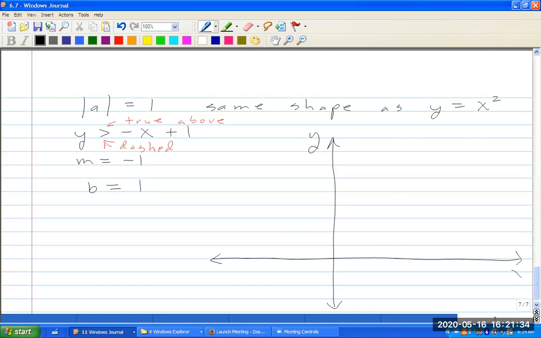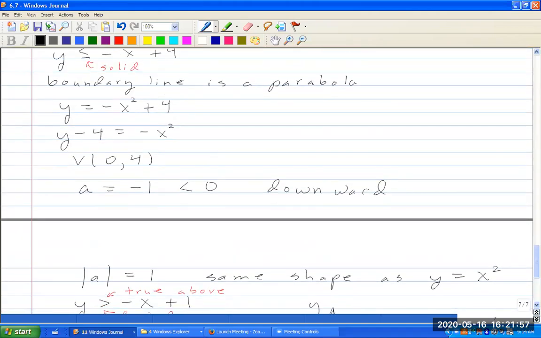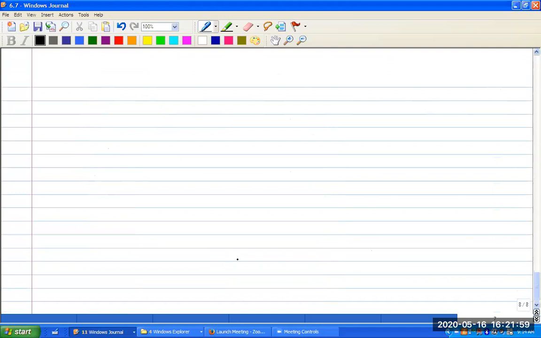So 1, 2. Just put tick marks. Okay. So this was y equals -x squared plus 4. Oops.